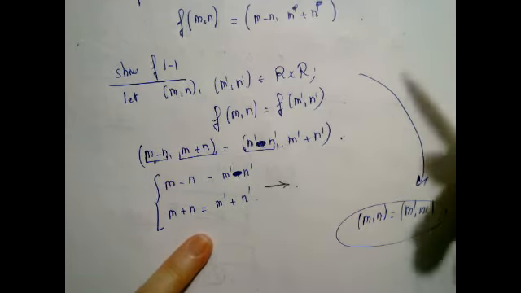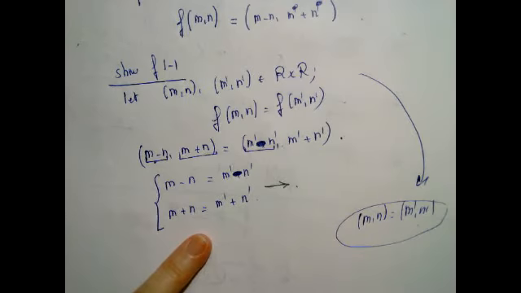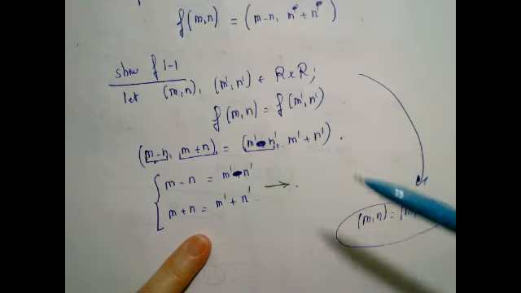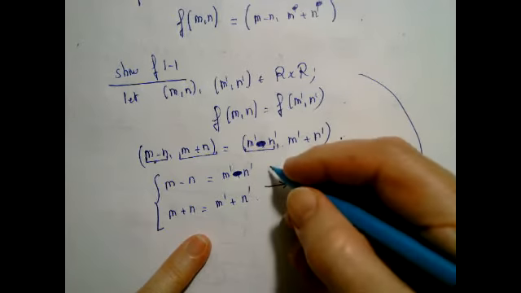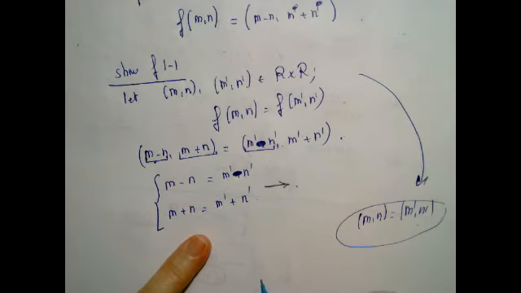Basically, you have two equations. We have 4 unknowns, but basically two equations. And I want to conclude that if this holds and this holds, then m has to be equal to m prime, because I told you it is 1-to-1. Any ideas?